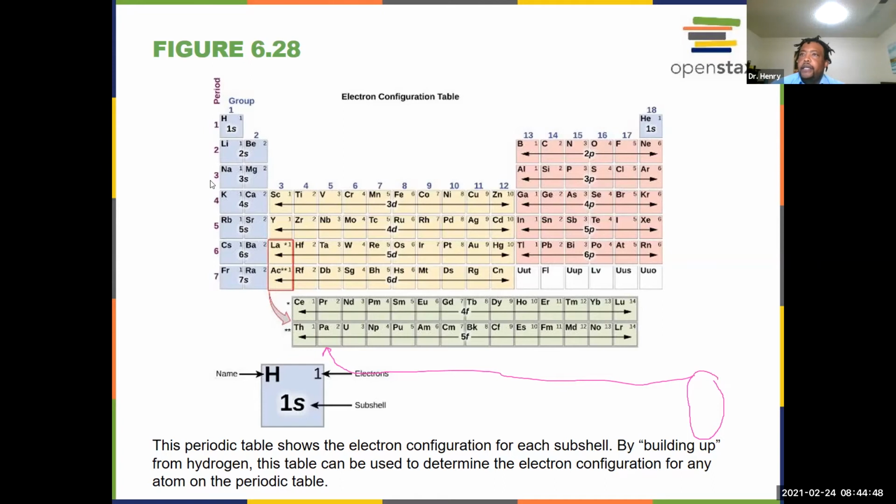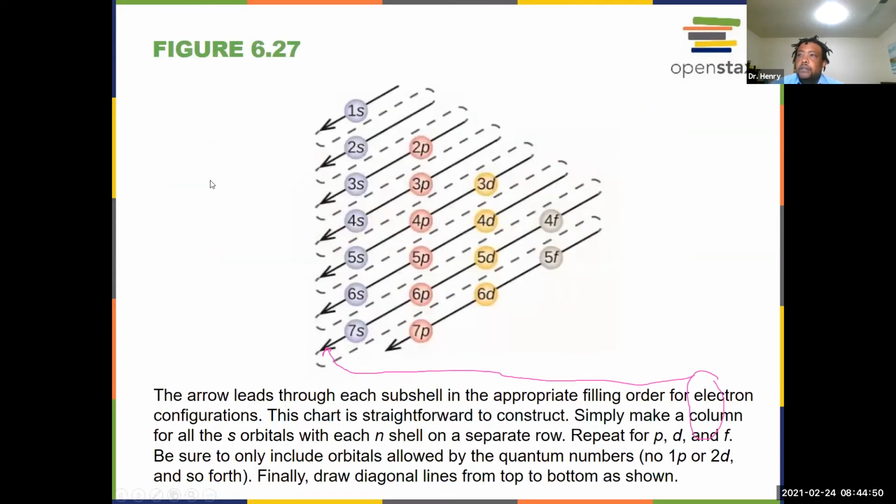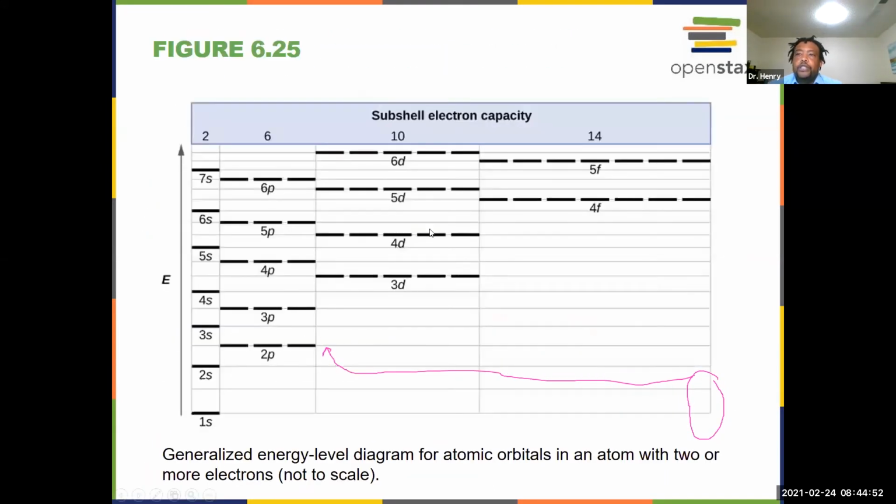So let me go back here. This is the old school way of doing it. That's actually taking into account every single configuration that exists, and where every single electron is located. This gives you the energy levels and everything like that. So you always fill up from the bottom working up.